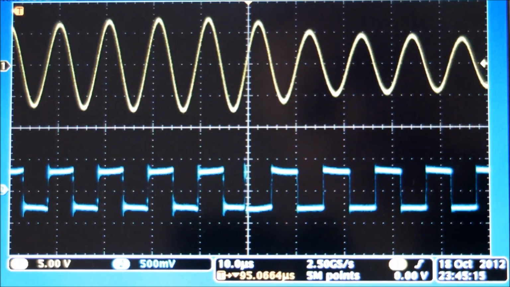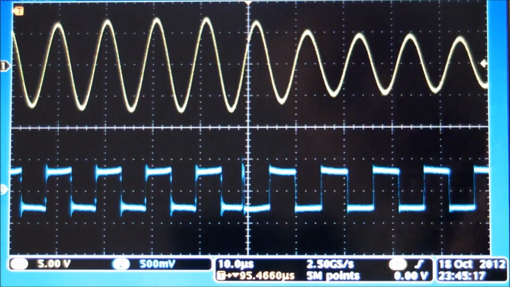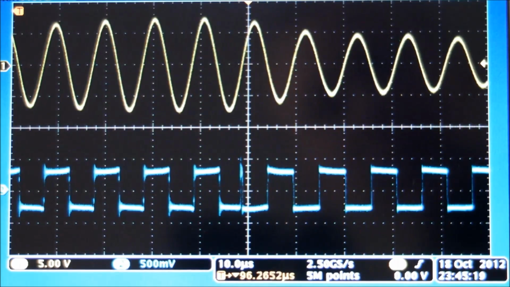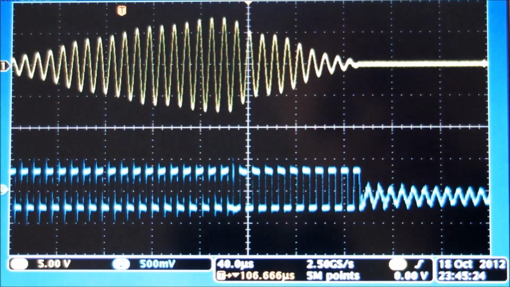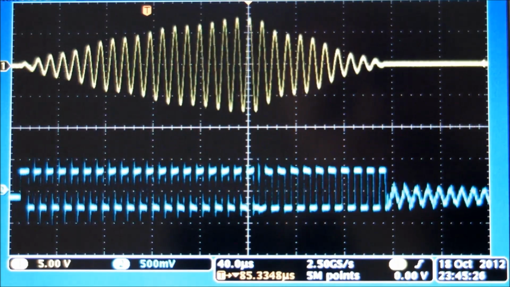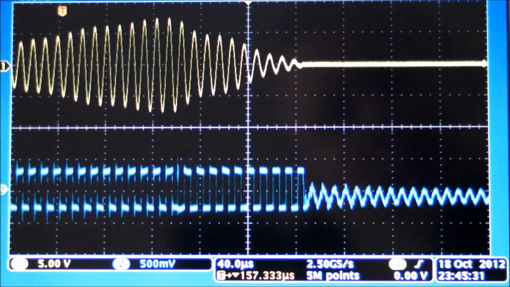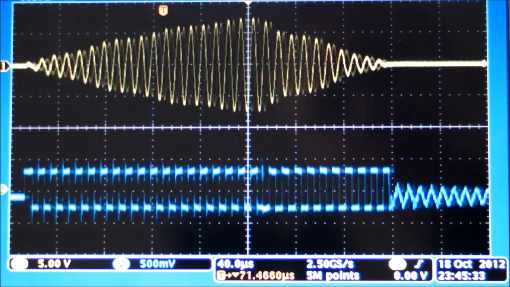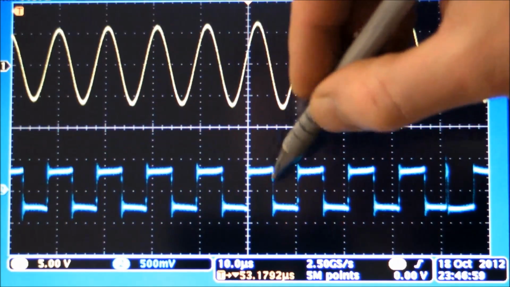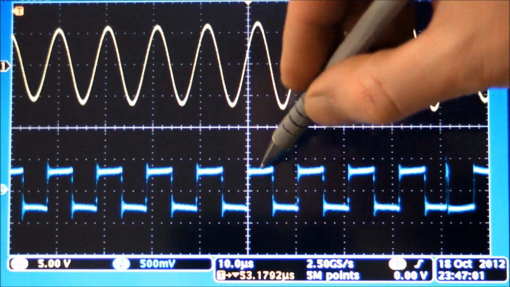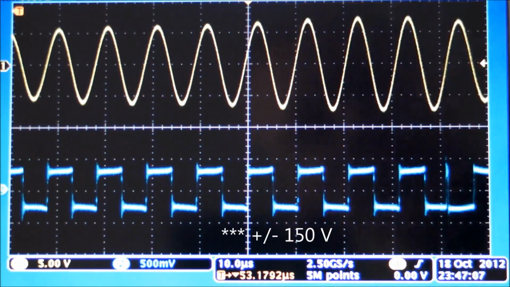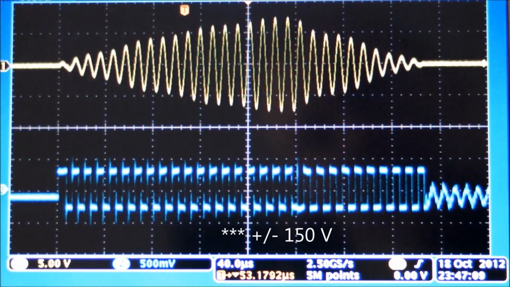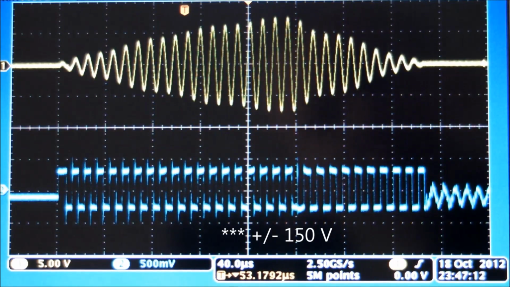And you can see right here at this point, that's where it switches off, and then the primary circuit is left to fend for itself as it dies down for a few more cycles of the 100 kilohertz wave. You can see that the peak value of the output here is from 0 to only about 120 volts, plus minus 120 volts square wave. That's really, really nice. That's what I was looking for.